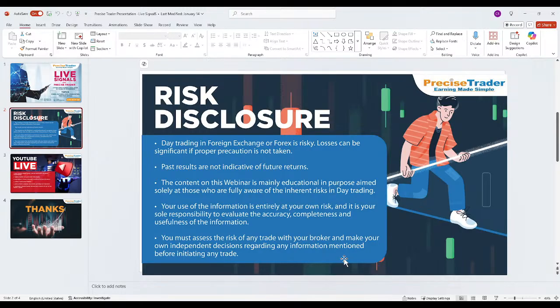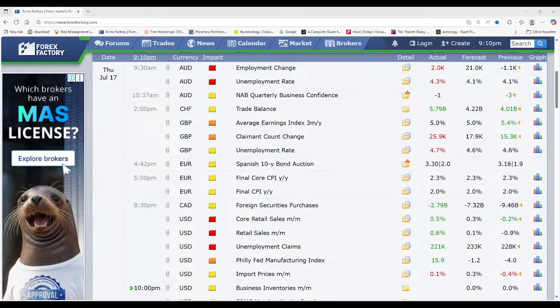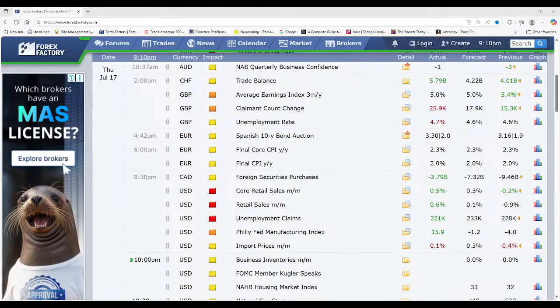With that, we move on to our live analysis. The key data that was out just now was core retail sales month on month. Forecast was 0.3, came out to be 0.5, which is better than the forecast. Retail sales month on month, forecast was 0.1, came out to be 0.6.